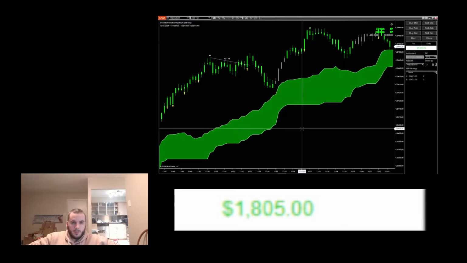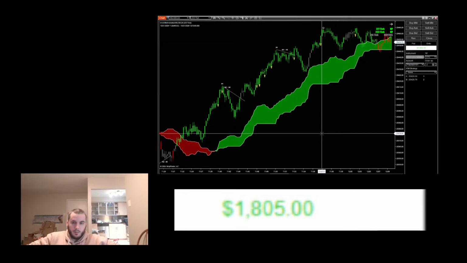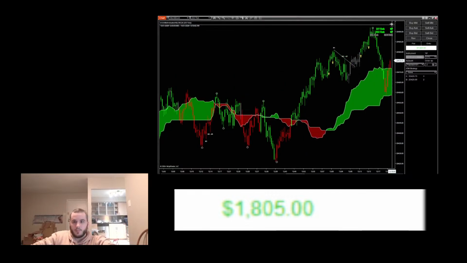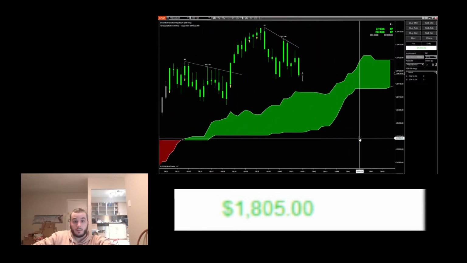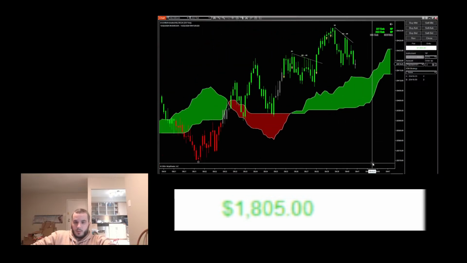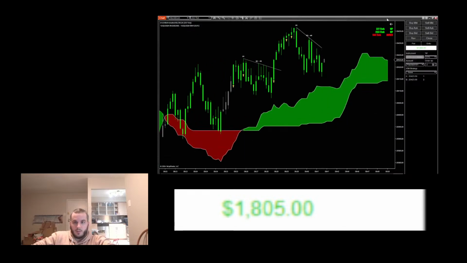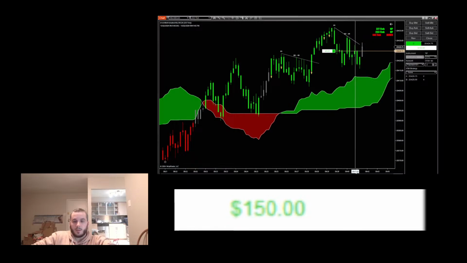Even when they're not perfect, they eventually turn around, especially if you're using this cloud as a way to manage your risk. If you're gonna use DCA or something else. Personally, I like the bottom part of the cloud. So if I wanted to start trying to scale into this, anticipating a trend line break.